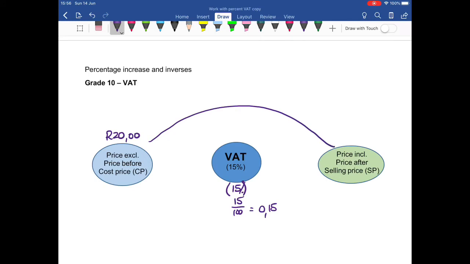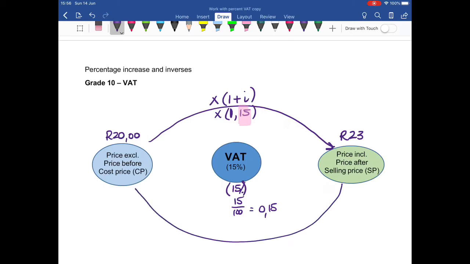So in order to increase it, I'm going to multiply. What do I multiply by? Well, it is 1 plus i, so I'm going to multiply by 1.15. The one price plus my percentage increase, and that would give me 23 Rand.